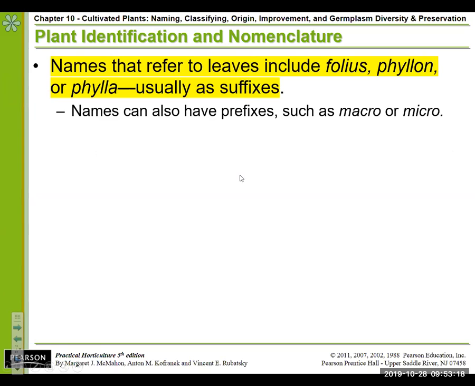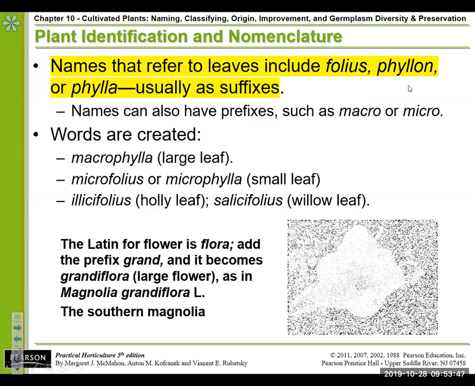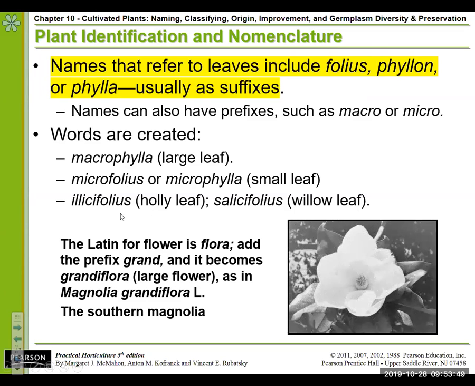So looking at some of the naming conventions here, especially when we get to the genus or species level, we look at some of the names that refer to the leaves, including things like folius or phyllon or phylla. These are usually suffixes found at the end of the words. But we can also have prefixes such as macro or micro, saying big or small leaf. And here's just some examples.